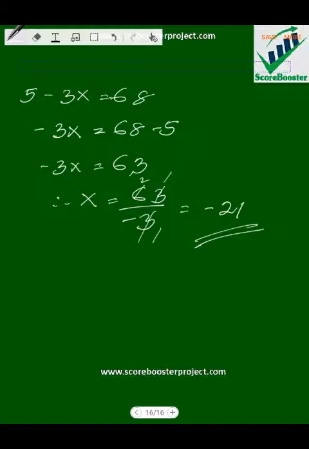Okay? So this is the final answer, and that is question number 4. I wish I could take one more question. Okay, so let me take one more question, and that will be the last one. Question number 5.